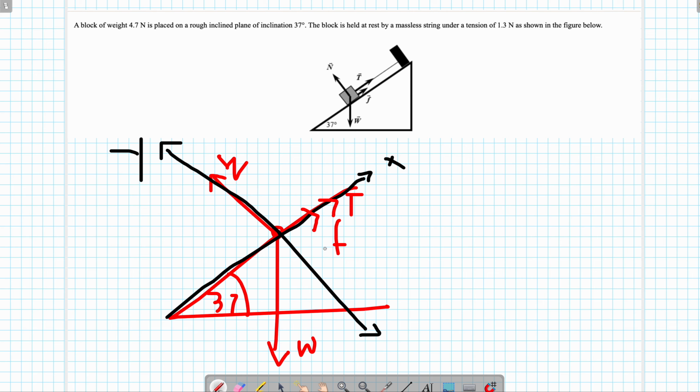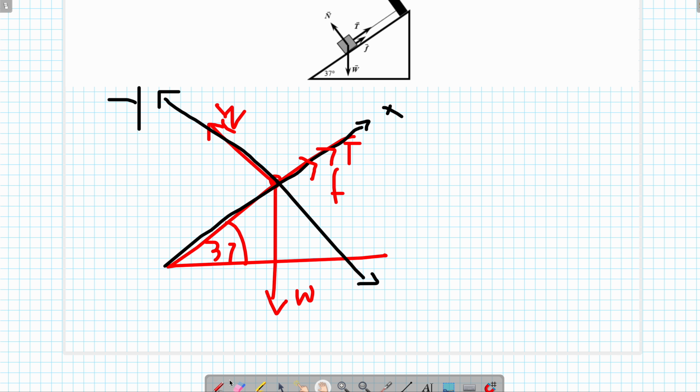So what they want is the normal, right? We can simply just work on the y-axis. We don't need to worry that much. We only need to worry about the y-axis. Again, let's do the projection. We have a right triangle like this. This is 37. Never mind.